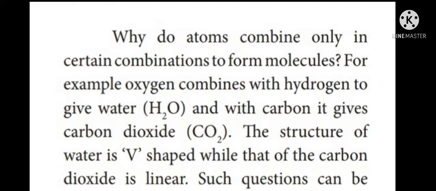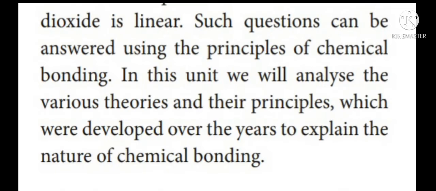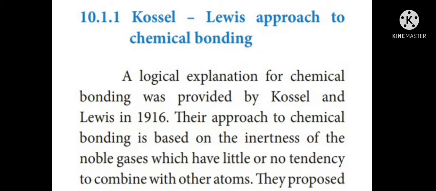The structure of water is V-shaped, while the structure of carbon dioxide is linear. The reason for this is explained by chemical bonding. In this lesson, we have to discuss various theories and their principles to explain the nature of chemical bonding.